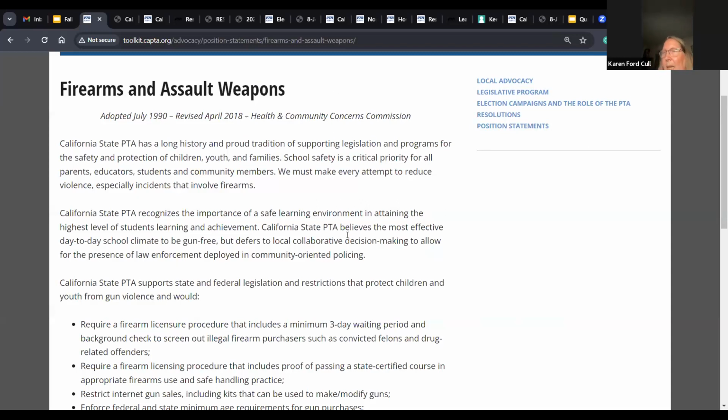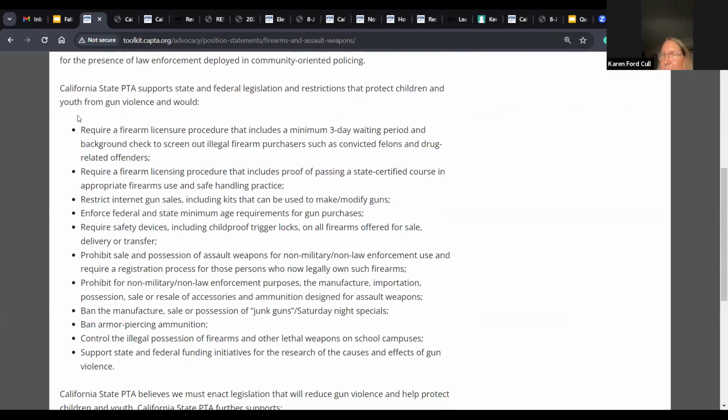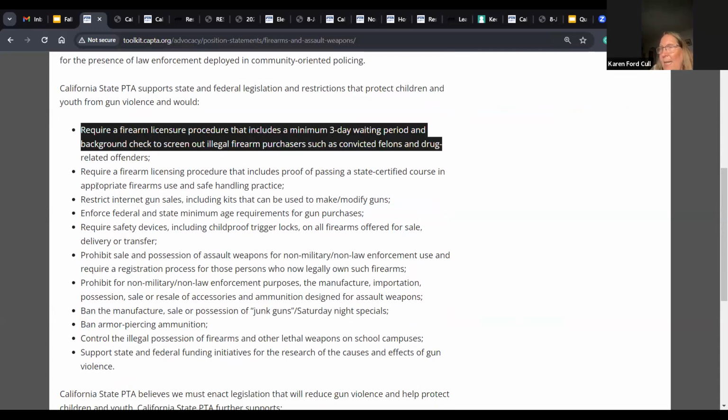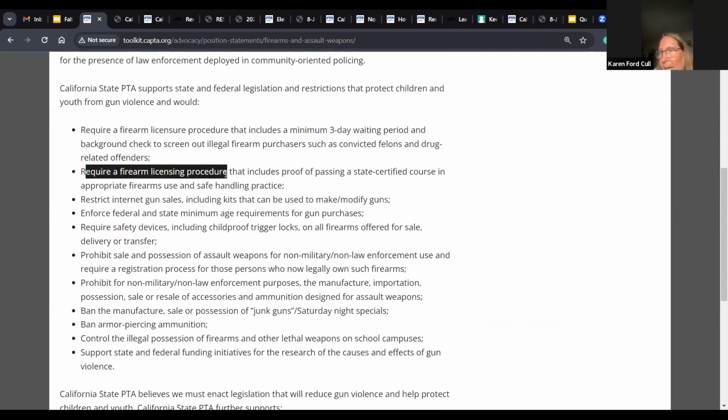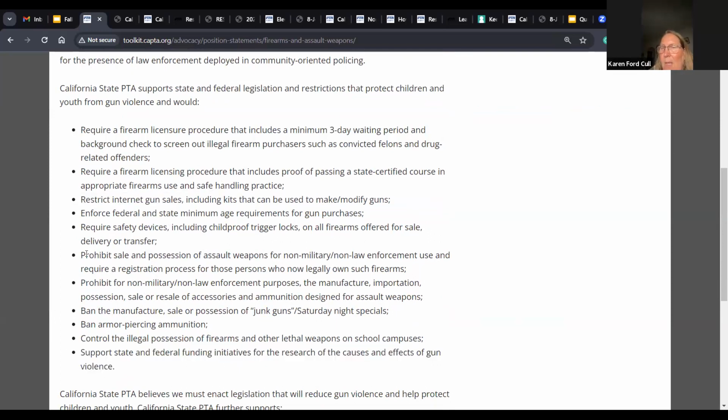And so you can read this. It tells you what our position is. Obviously, it talks about the importance of a safe learning environment and keeping school gun free, but defers to local collaborative decision making to allow for the presence of law enforcement deployed in community-oriented policing.